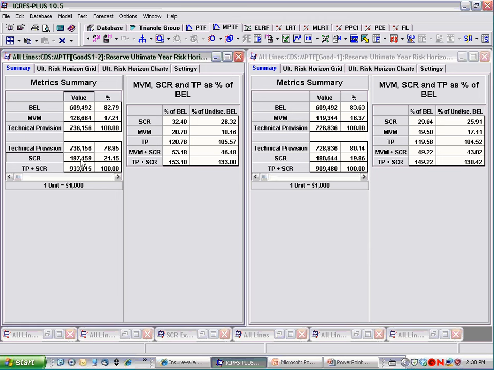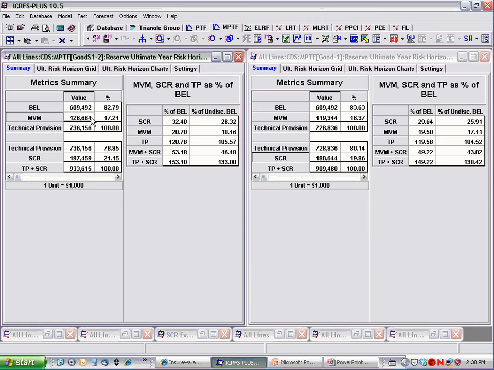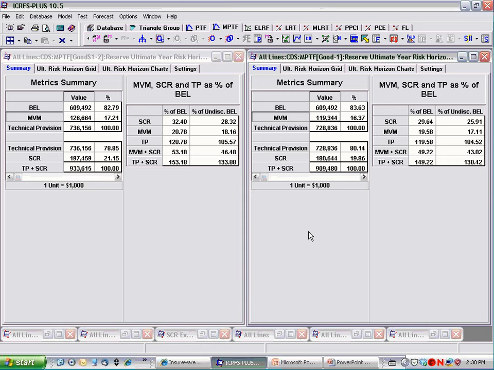the SCR is 197. That's the VAR for the first calendar year. It's 197 versus 180. The market value margin is higher, 126 million, so the risk margin or the market value margin is higher because you don't allow for fungibility.